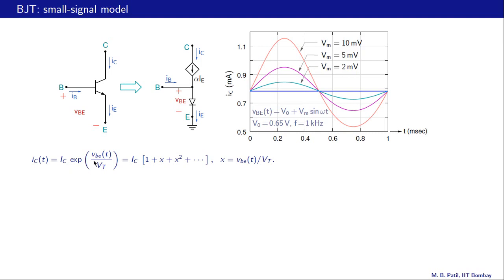Now let's look at this VBE by Vt, that's the signal VBE, and what is that? That is Vm sin omega t. As an example, let's take this case here. Vm is 2 millivolts for that example, and VBE then is going to be between minus 2 millivolts and plus 2 millivolts.